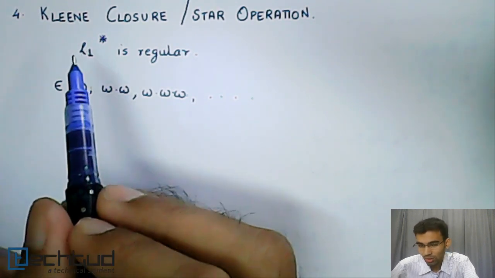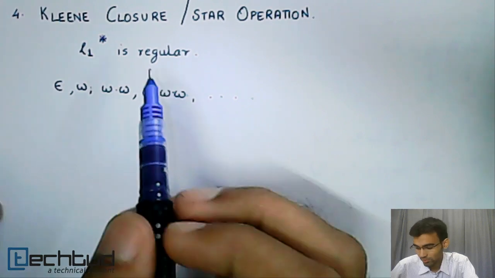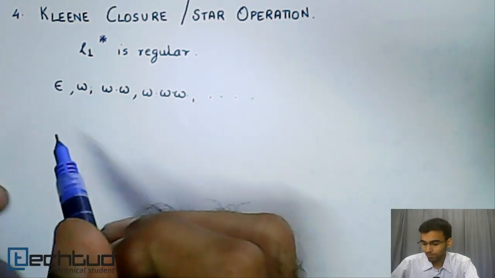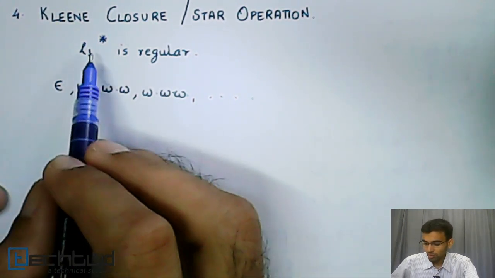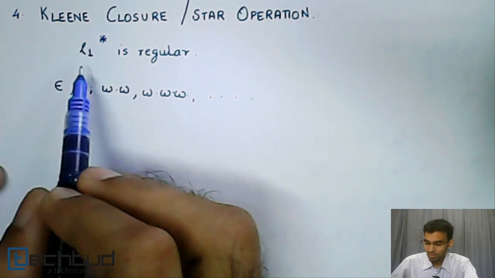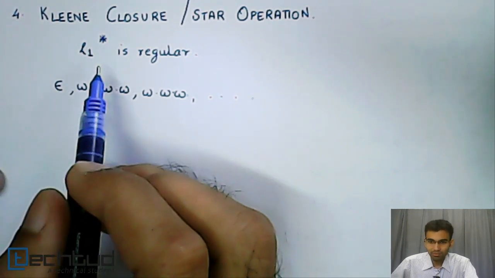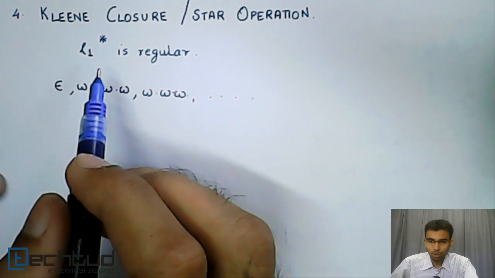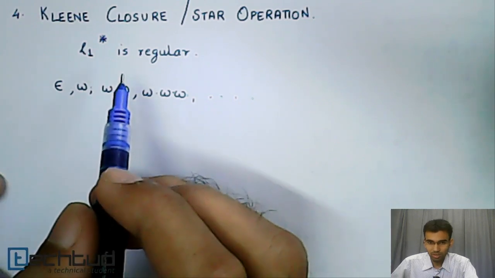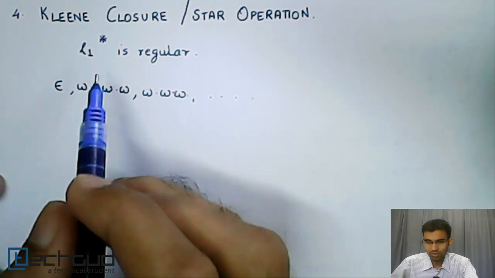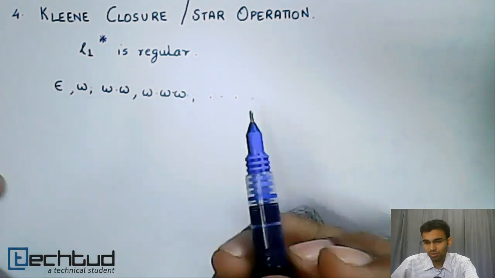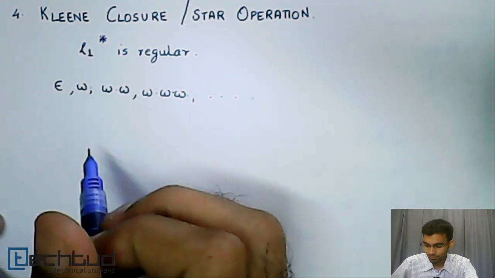Obviously, if L1 already has an epsilon, that's also fine. It will still have epsilon. So essentially, let me state this more cleanly. L1 star allows you to have either no repetition or words with repetition or the empty string in the language.